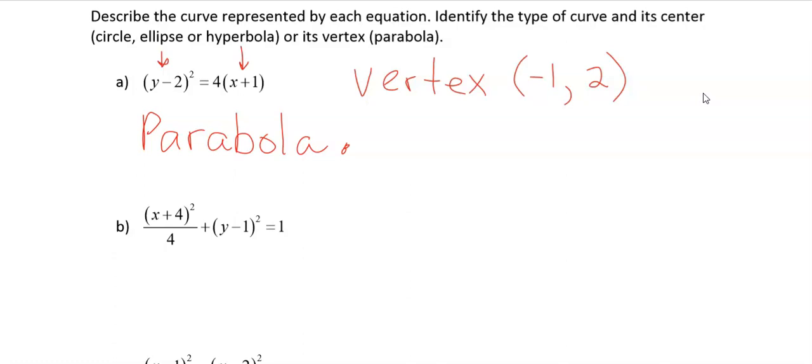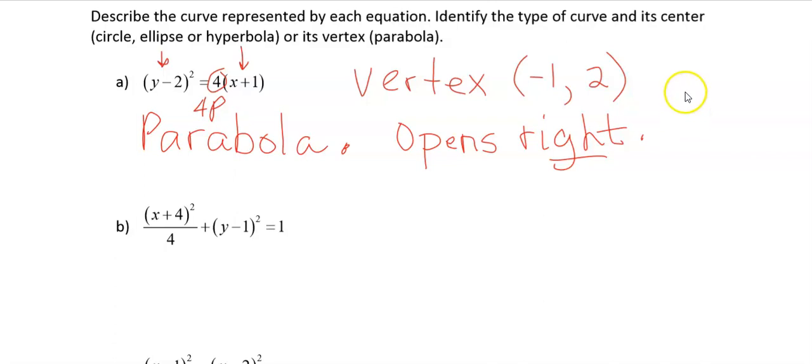That means it opens either left or right. The constant in front of the linear term, the x, which we were calling 4p when we did parabolas, is positive, so this parabola opens in the positive direction, which in our case would be to the right. So there's a description of the first conic section.